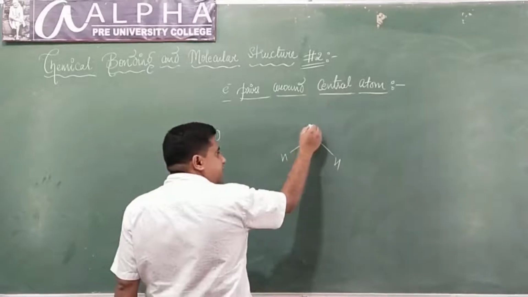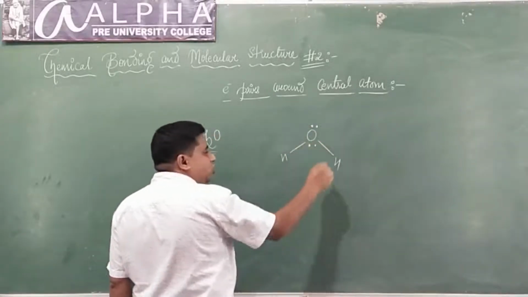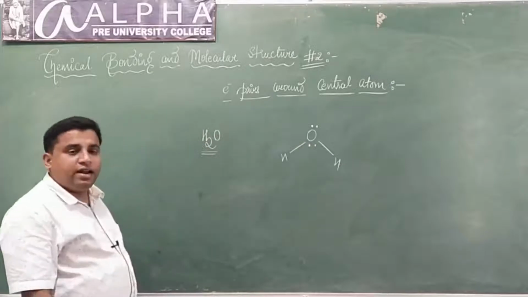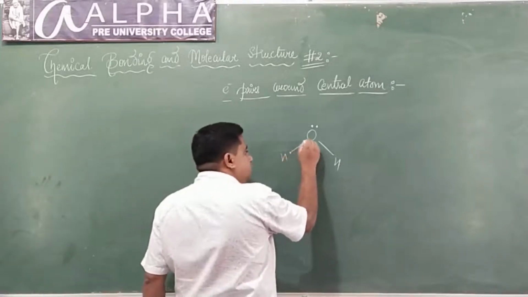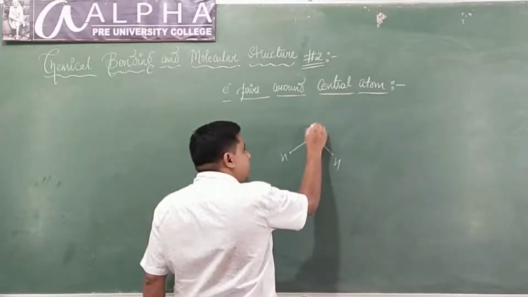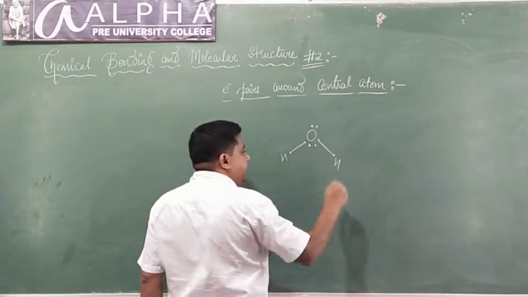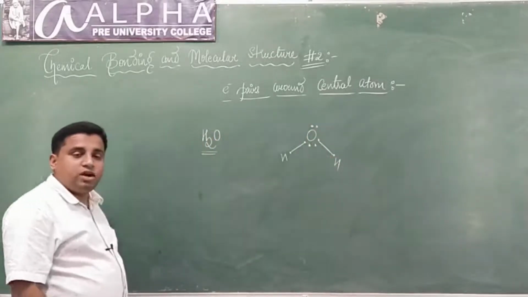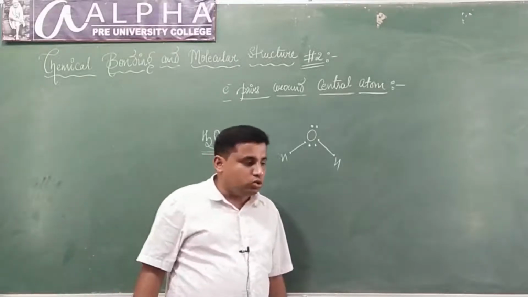Look at here, the central atom oxygen is surrounded by 8 electrons again. 1, 2, 3, 4, 5, 6, 7 and 8, isn't it? The central atom is surrounded by 8 electrons, so it satisfies the octet rule, no doubt in it.